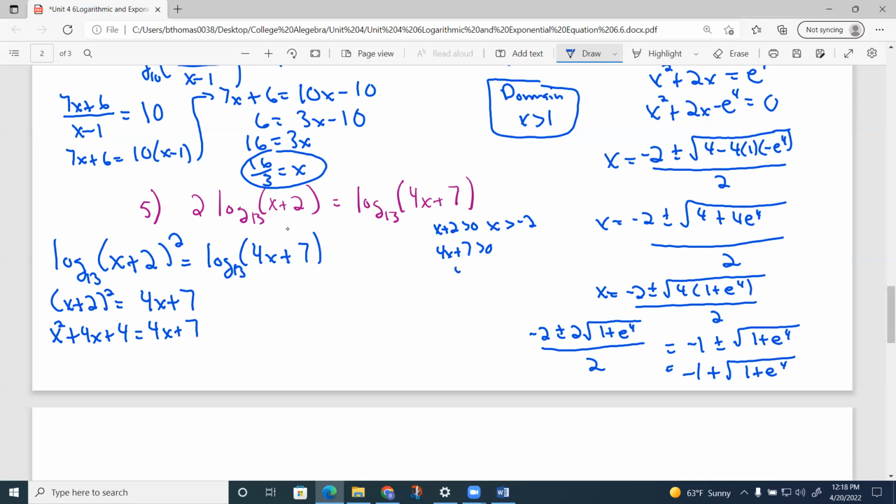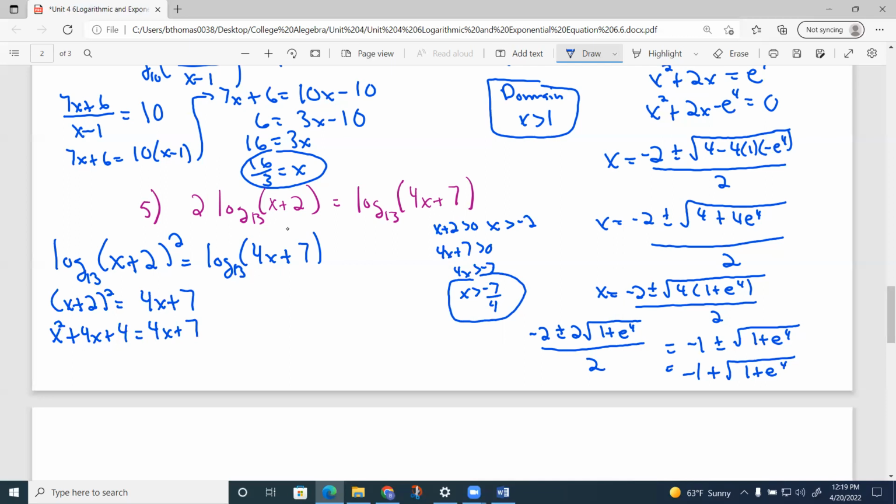So 4x is greater than -7. X is greater than -7 fourths. So -7 fourths is not even -2, so that's actually going to be the smaller domain, more restricted. So we got to be right in this -7 fourths.